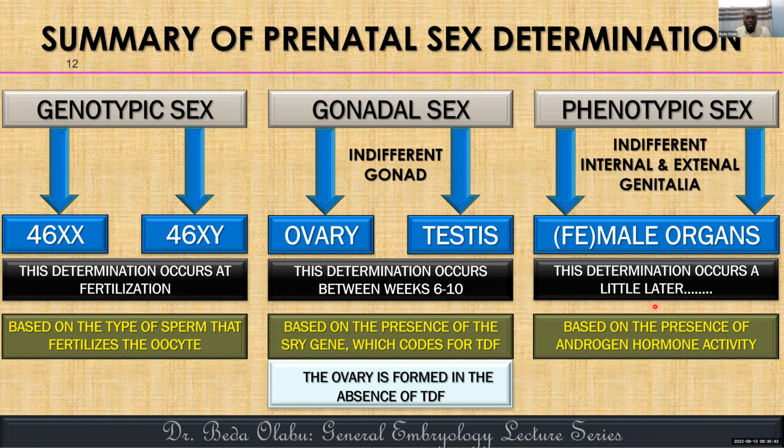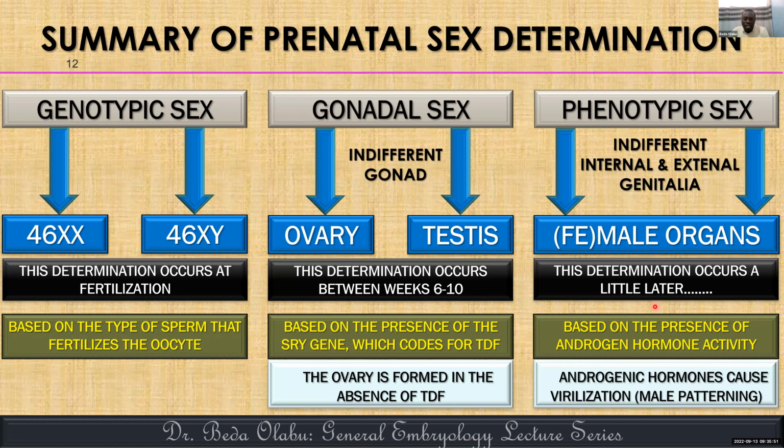If the amount of androgens is not adequate, something else takes place. Now, significant androgen hormone activity causes virilization of the genitalia. Therefore, the genitalia become male. In the absence of androgen, by default, the genitalia becomes female.